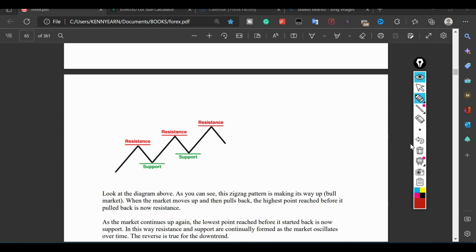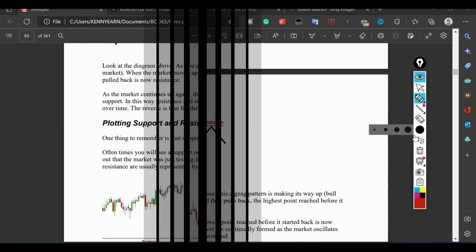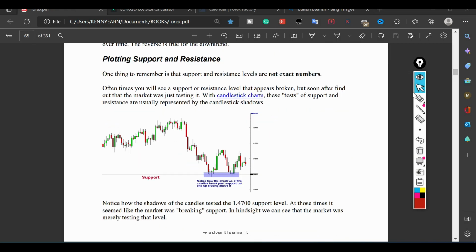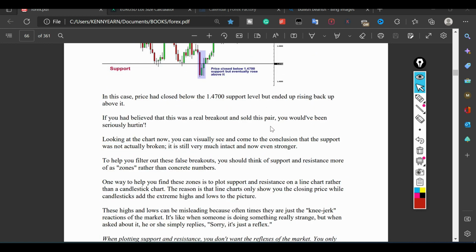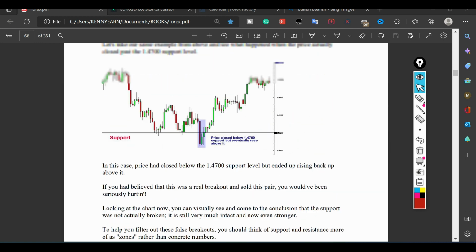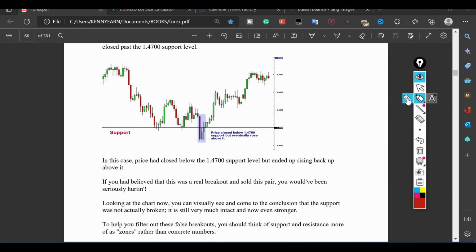And in terms of technical analysis, all right, as you go on, you know how to mark your own support and resistance. You could read notes and see how they plot their own support and resistance here. But I'm just teaching you that we use support and resistance in analyzing the market. Basically, you can call a level a support level when the market has respected it maybe 2 or 3 times.